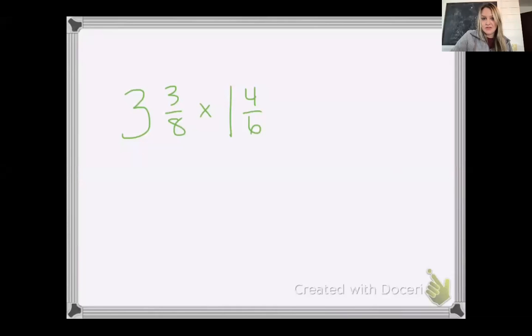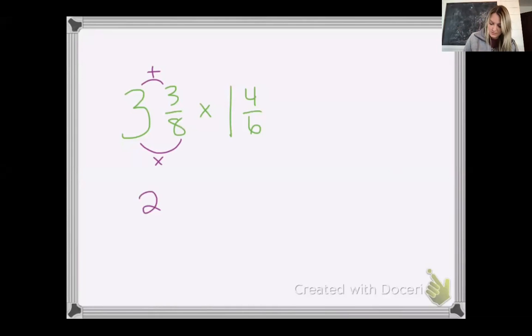Okay, so here we go. 3 3/8 times 1 4/6. What we need to do is first change these mixed numbers into improper fractions. Multiply, add, denominator. So this is where knowing multiplication facts helps. 3 times 8 is 24. 24 plus 3, so 24, 25, 26, 27.